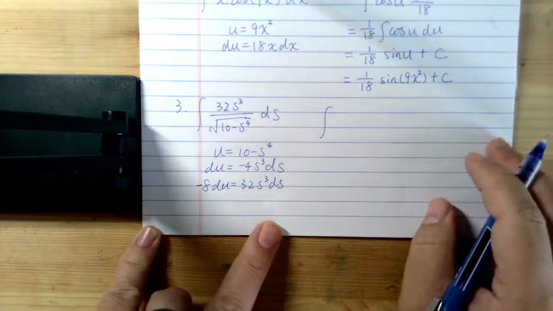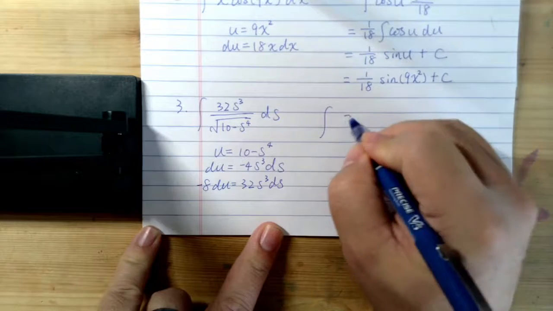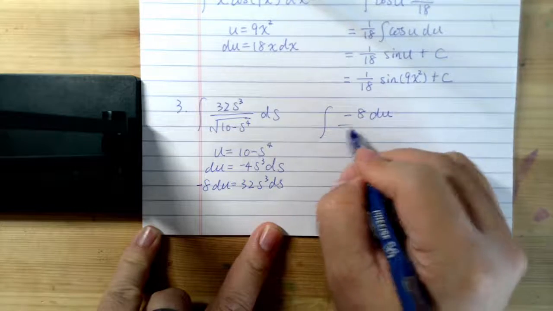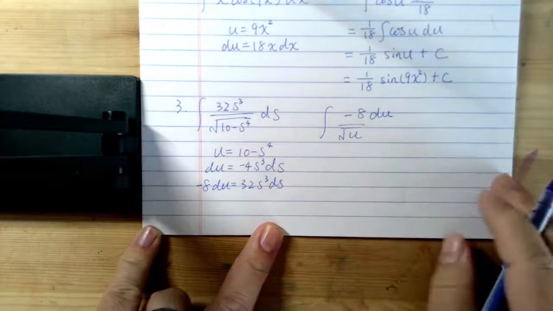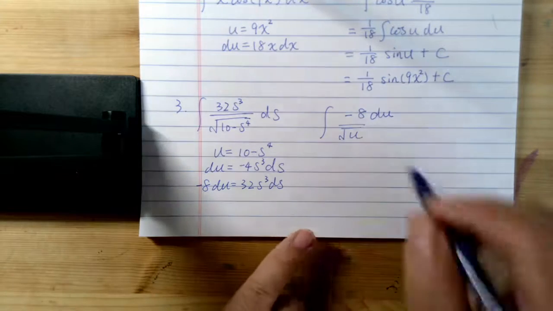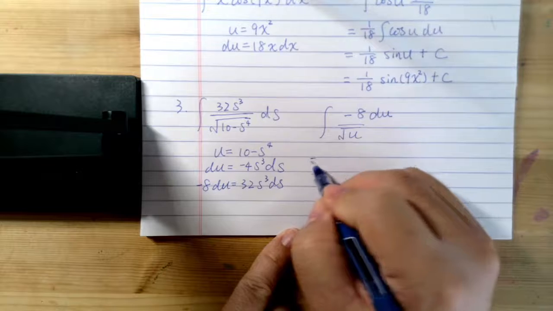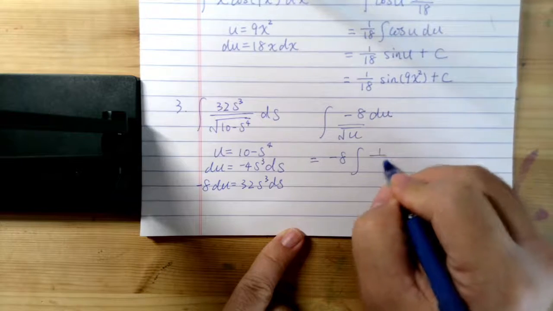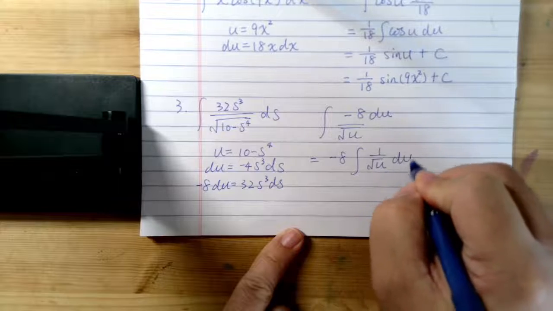So we can substitute that. That gives us negative 8 du over the square root of u. Up to here, things become pretty straightforward. So this is going to become negative 8 times the integral of 1 over square root of u du.